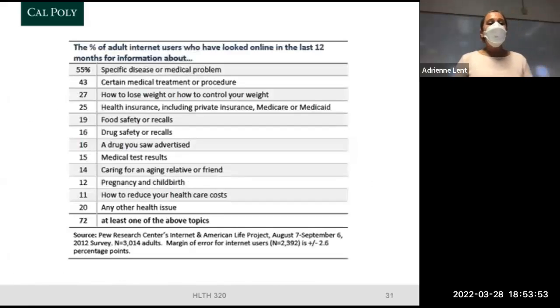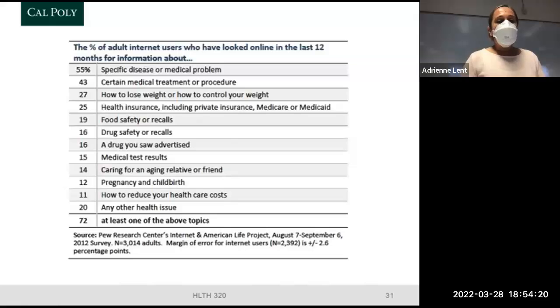So what exactly are they looking for? This slide shows the percent of adult internet users who have looked online in the last 12 months for information about, and the largest percent, 55%, looked for a specific disease or medical problem. The next most common thing was certain medical treatments or procedures.